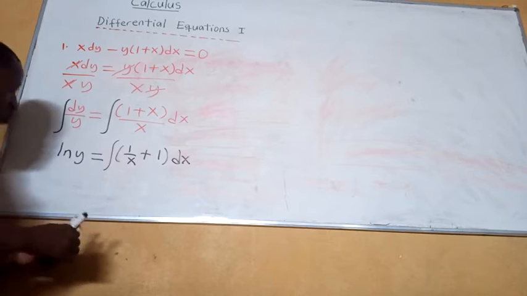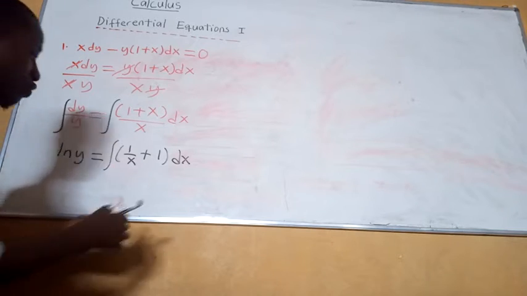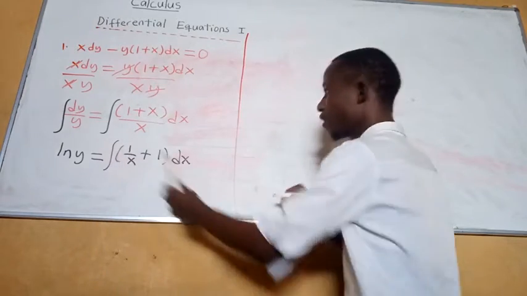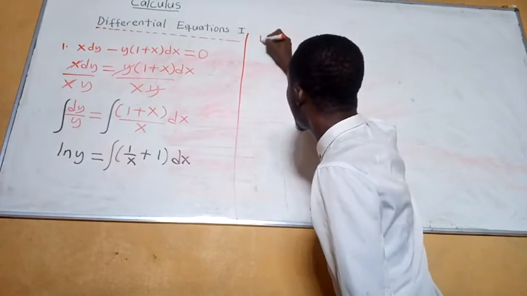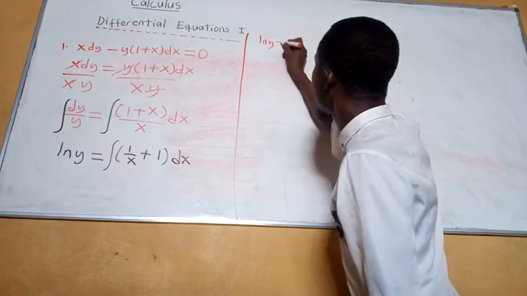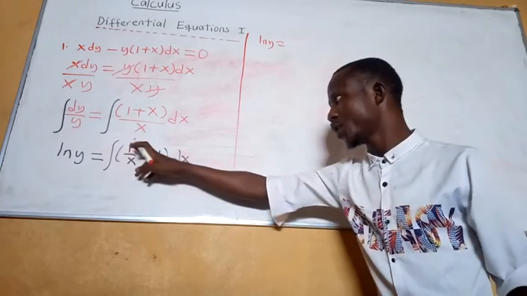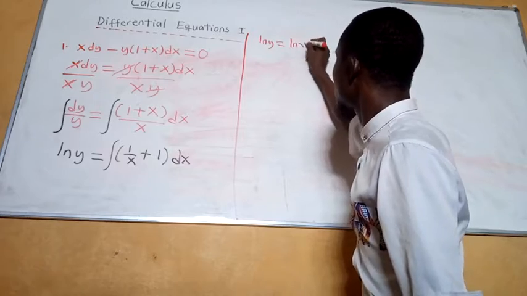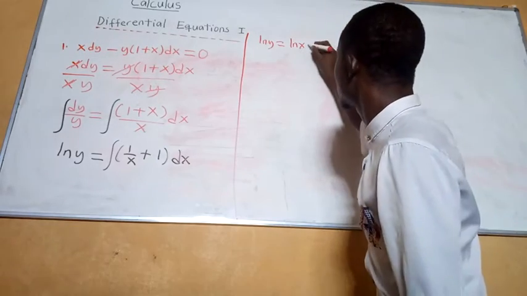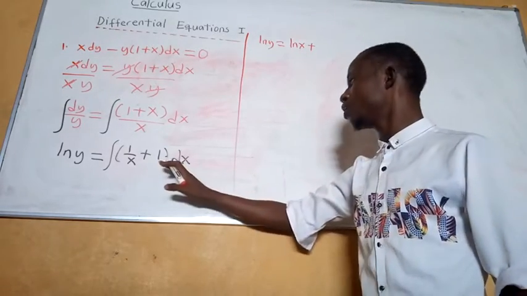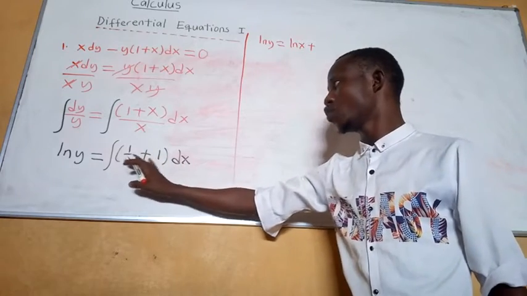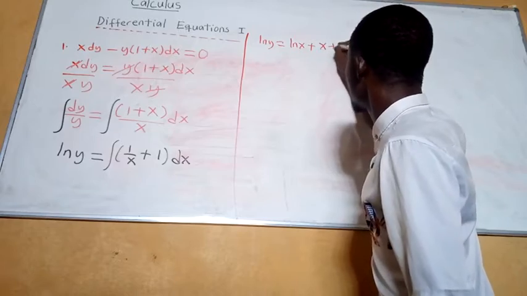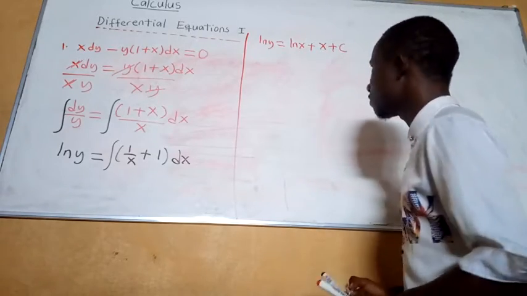So integrating this, we have ln of y equal to, if we integrate 1 over x, ln of x, plus, if we integrate 1 times dx, we get x, plus some constant c.